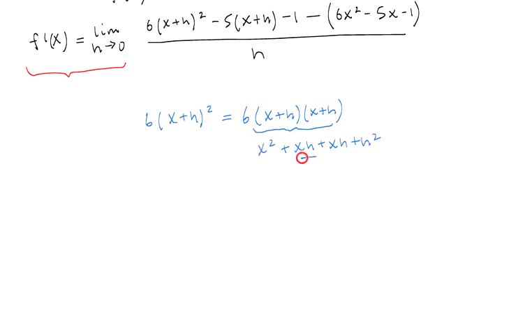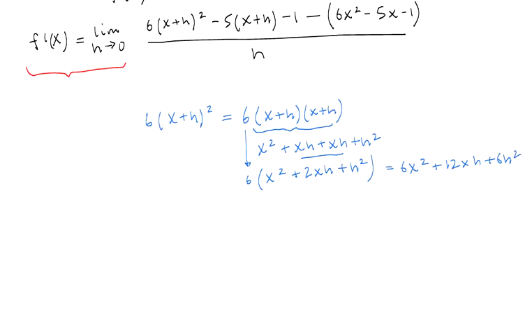And if we combine these two middle terms, that gives us x squared plus 2xh plus h squared. And then of course we need to remember to bring the 6 back down to the party. So we multiply all that by 6, and that gives us 6x squared plus 12xh plus 6h squared.